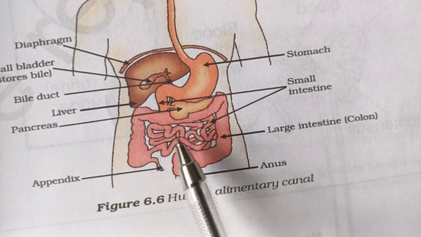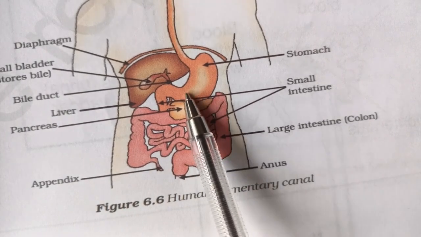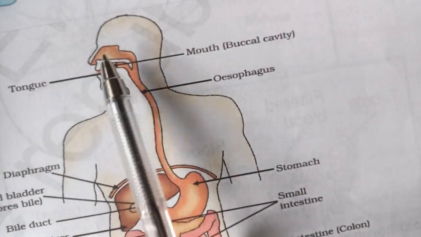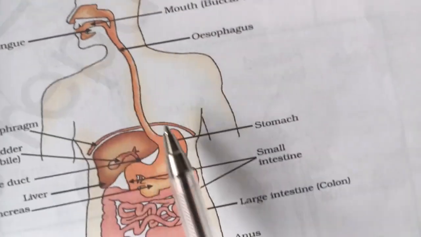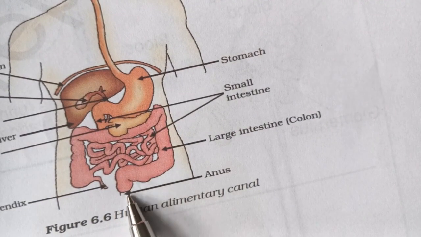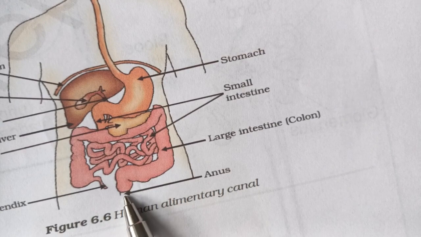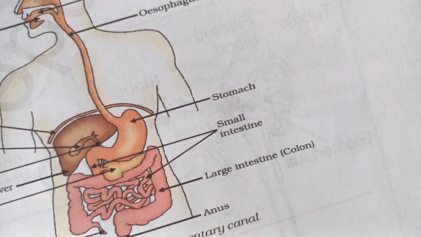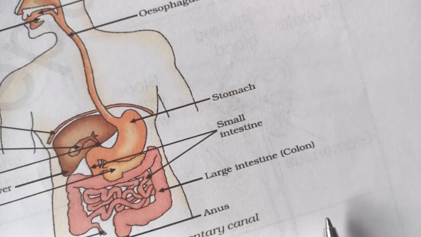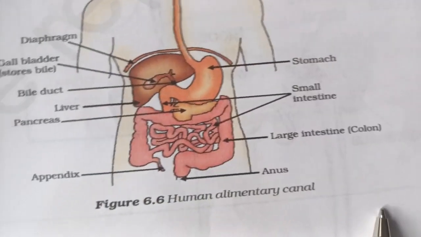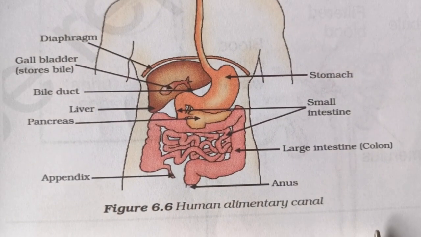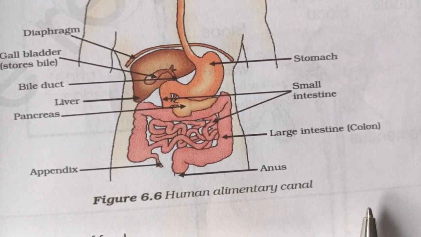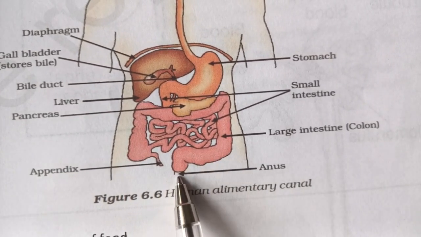So small intestine, stomach, esophagus, oral cavity, mouth, and from the large intestine it opens at the anus. The large intestine also has villi to absorb the food, especially the water from the leftover material, and the rest of the material is removed from the body via the anus.